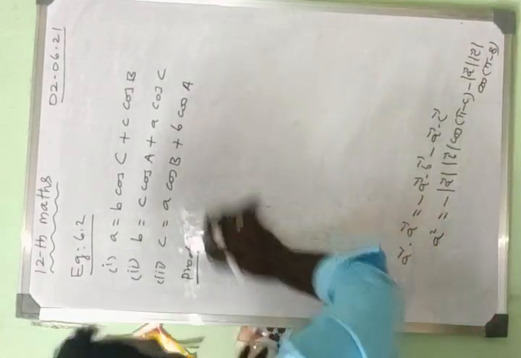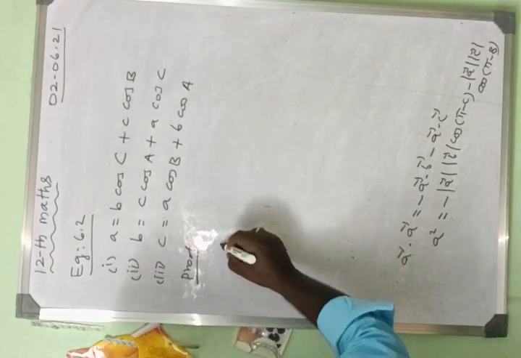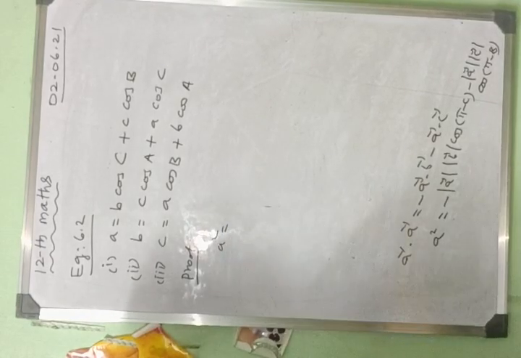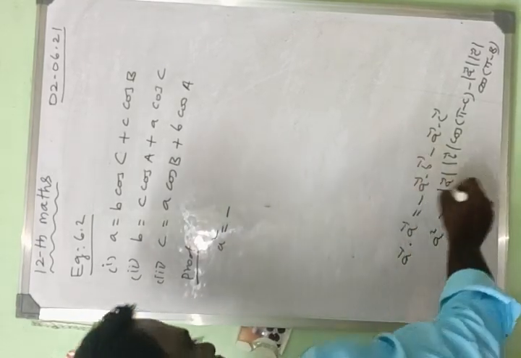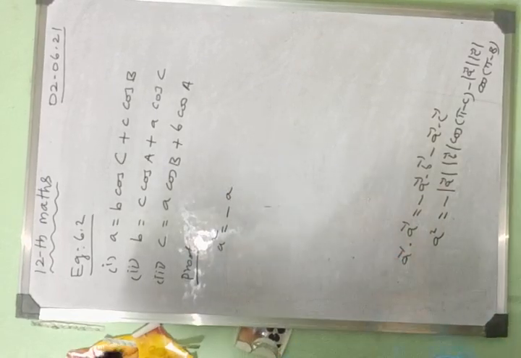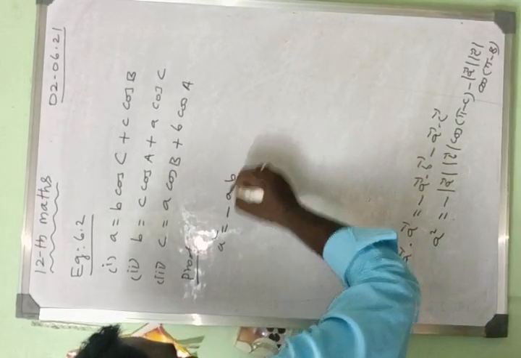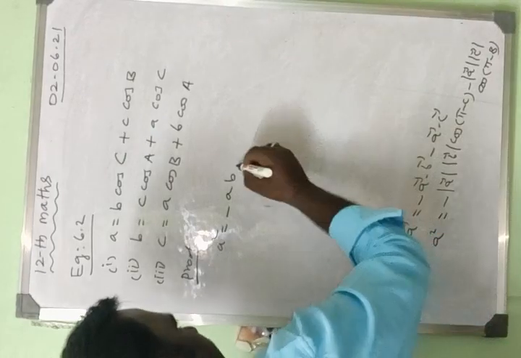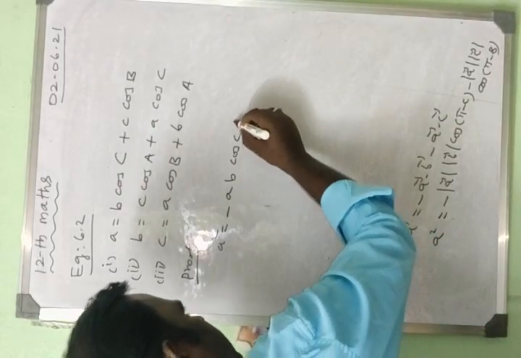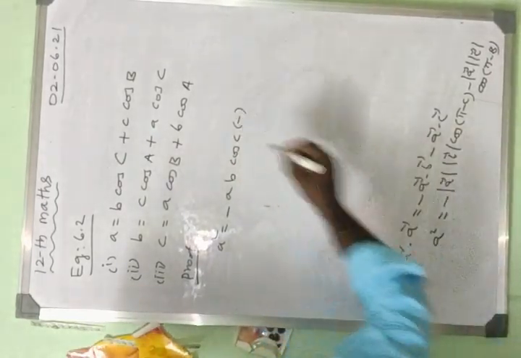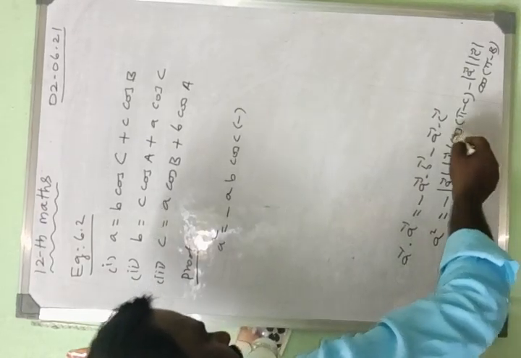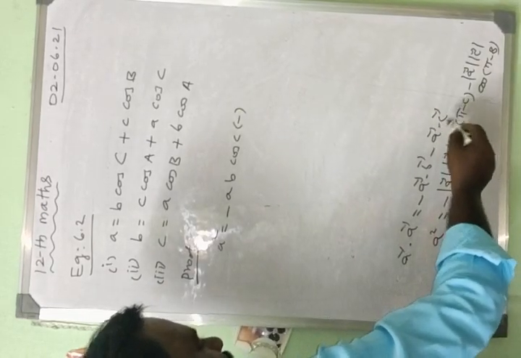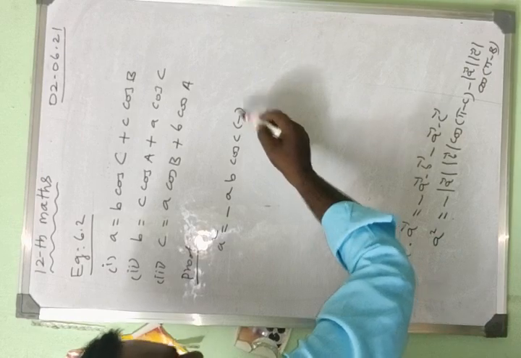Now write it. Vector a square is equal to minus of mod vector a, we write a. Mod vector b, we put b. Cos of pi minus C gives minus cos C, into minus. Why put minus here? This pi minus means cos is in the second quadrant, and in the second quadrant cos has a minus sign. So minus.